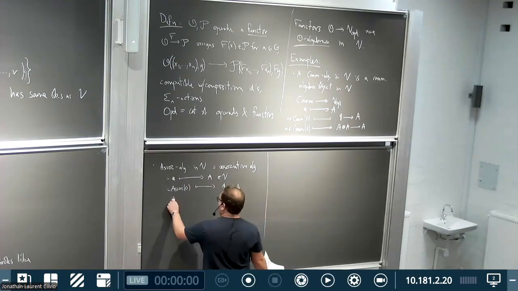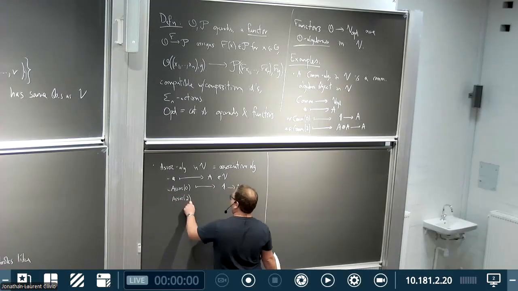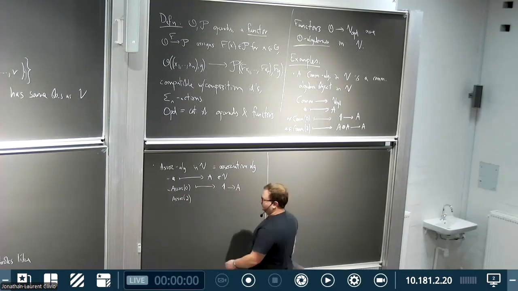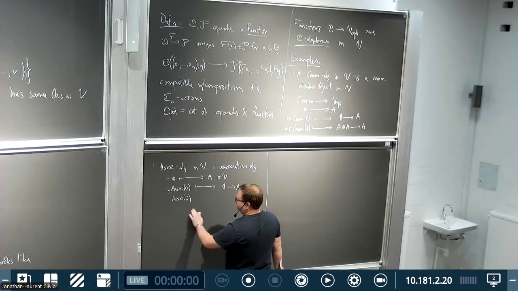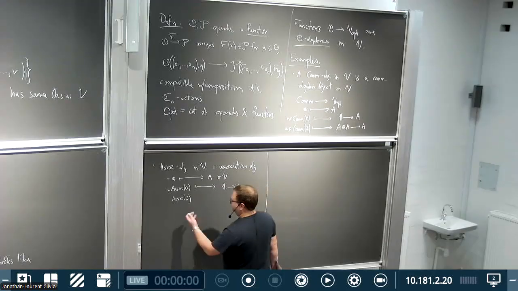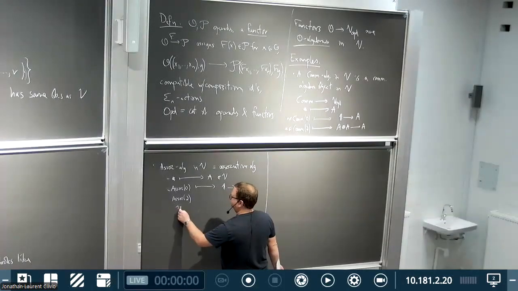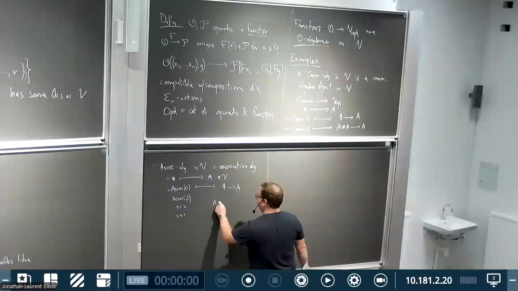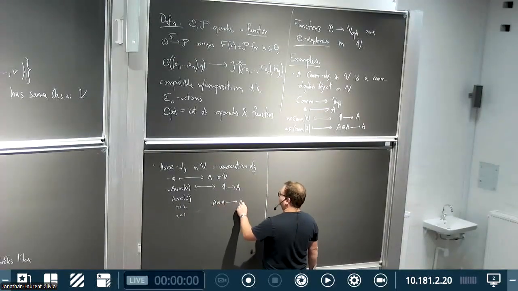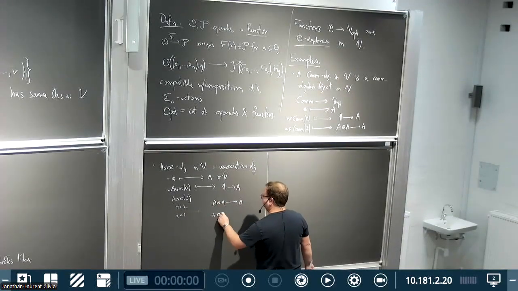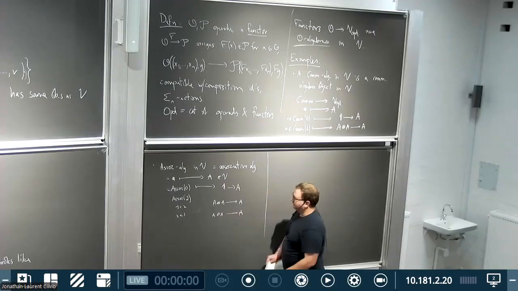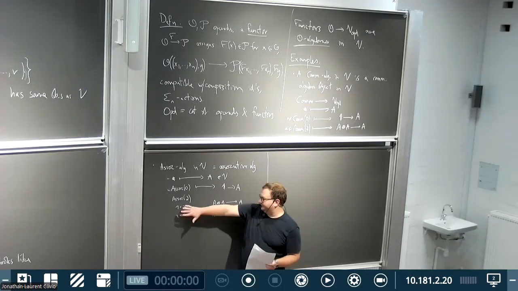But now if I look at Assoc2, I have 2 different maps, corresponding to the 2 orderings of 1 and 2. So it gives me 2 maps from A tensor A to A. But they have to be compatible with the sigma 2 actions.